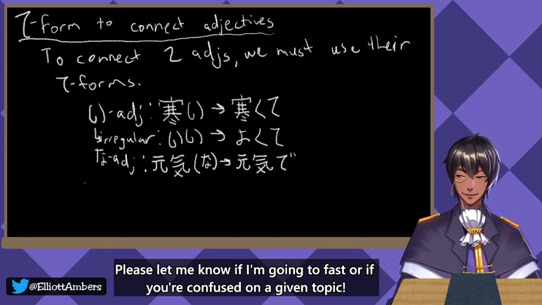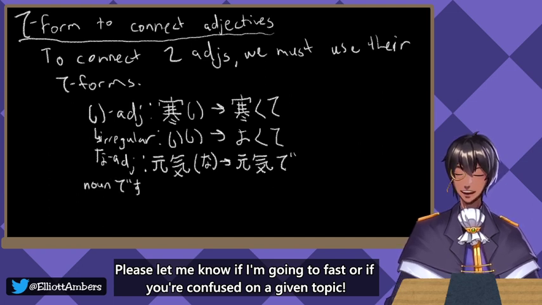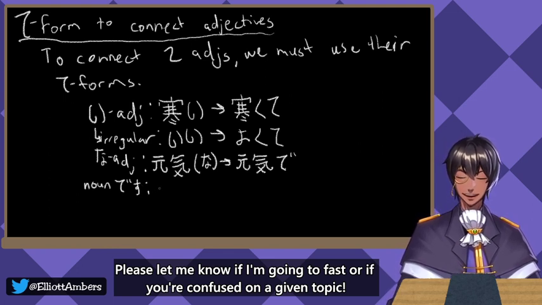And then if you have a noun, you do a noun plus de. Because we also know that sometimes we just end sentences with desu. The proper conjugation for this is, let's say, Nihonjin, which is a Japanese person.